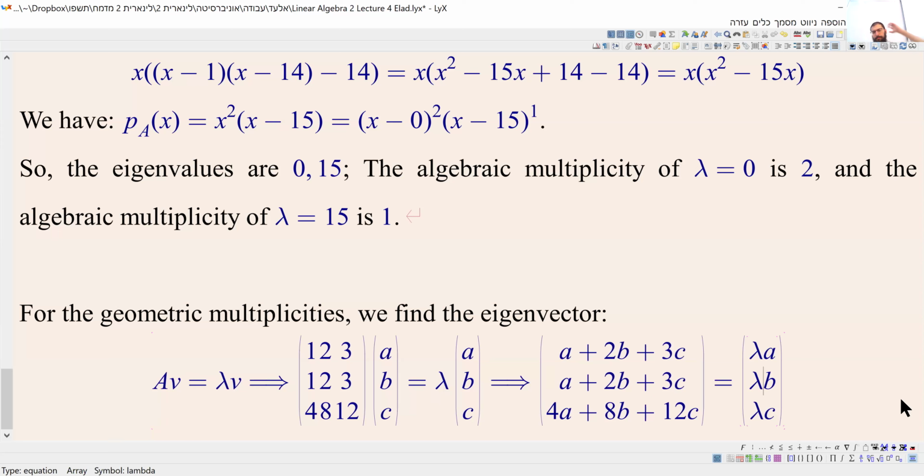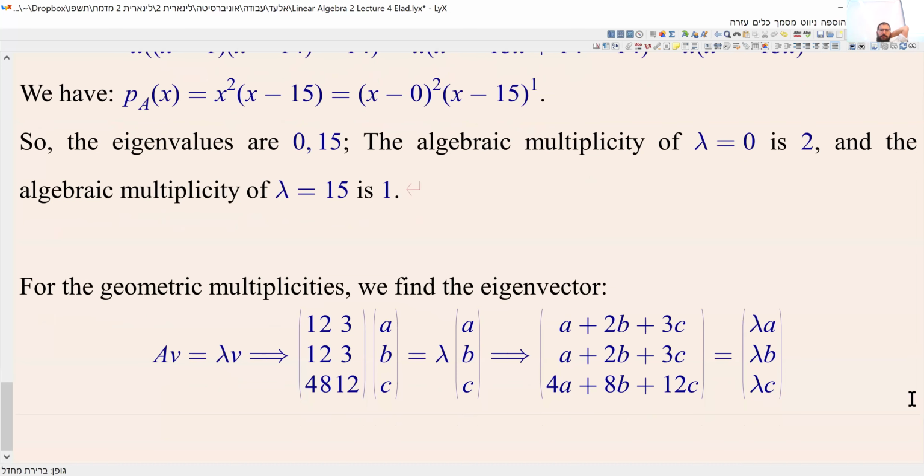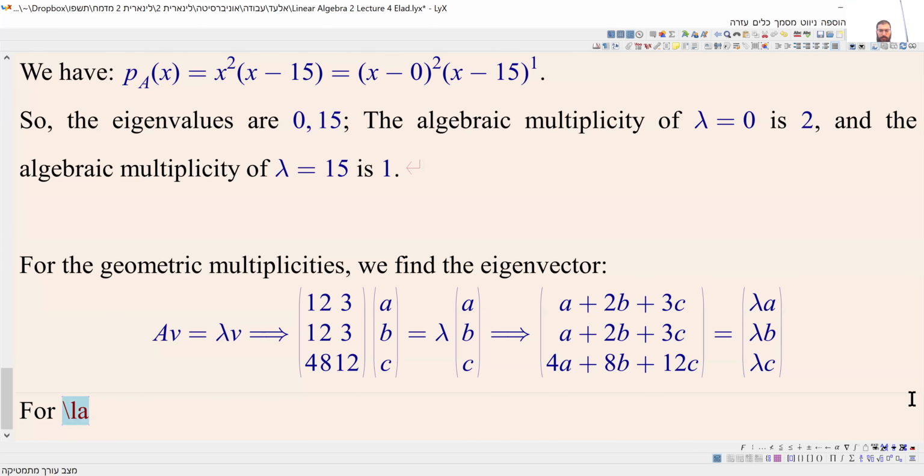There are 3 equations in our system. What do we have for lambda without the m? Lambda is 0.